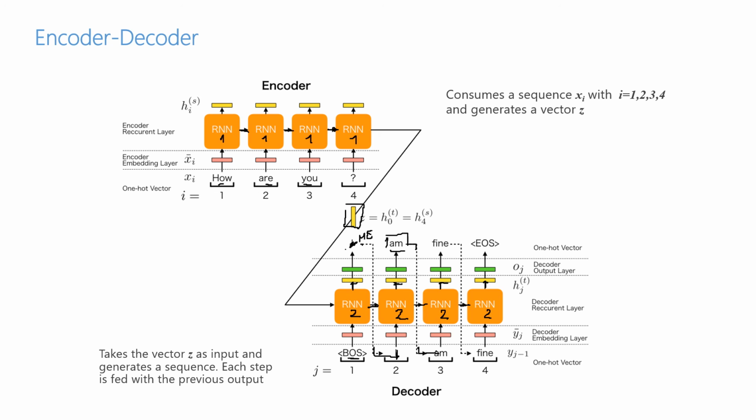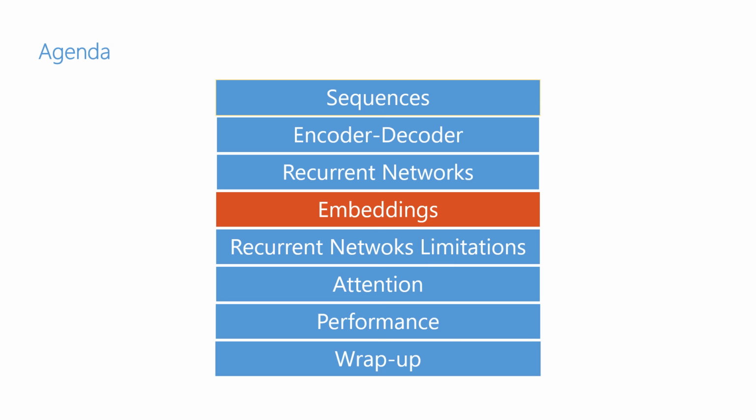This is the subject that we are going to tackle next. The widely adopted technique to encode text for neural networks is called embeddings. So let's see what embeddings are.